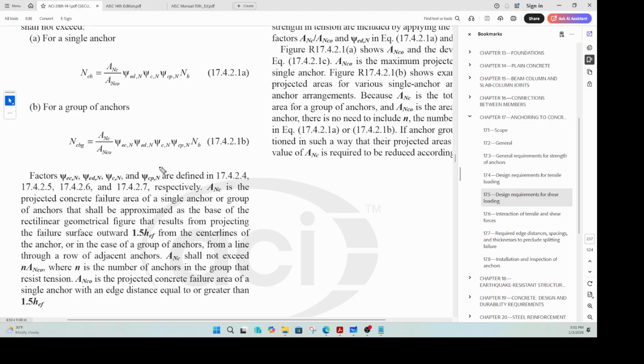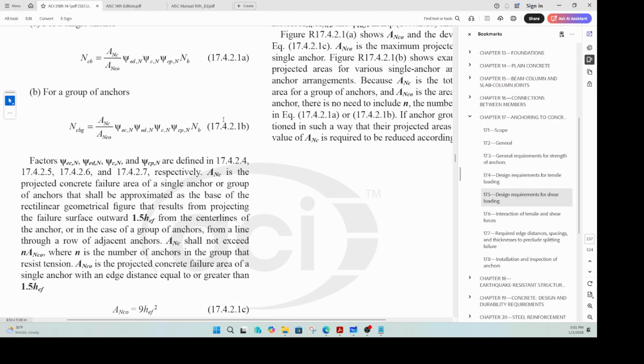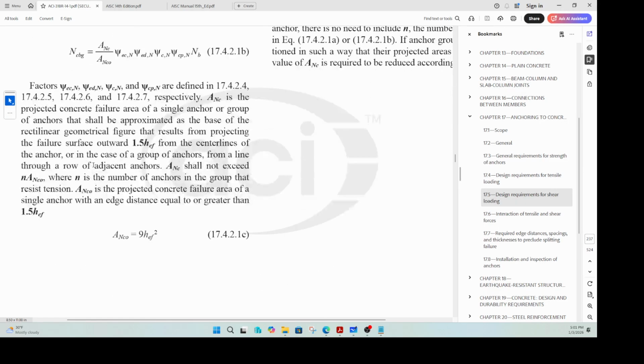Okay, so in our case, there is no eccentricity, so 1.0. Yes, there are edge distance related issues, so we have to calculate. Yes, there is a cracking related issue, we calculate that. So this factor is 1.0 because ours is cast in and not post installed, and we'll see that we need to calculate NB. Okay, so let's go check this modification factor.